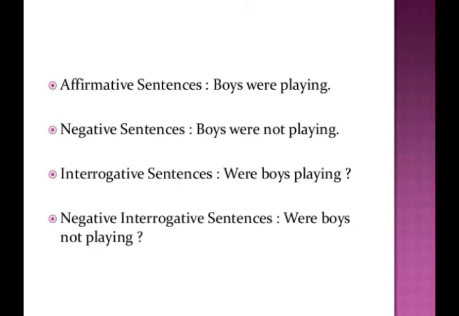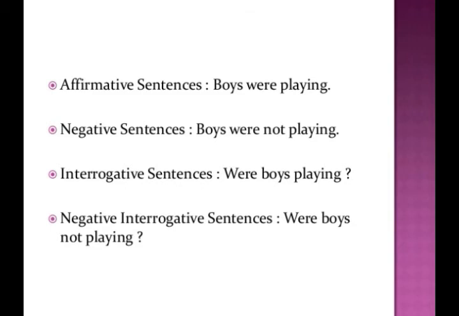It's a negative sentence. While were boys playing? It's an interrogative sentence in which we use the word were for asking question, and it's past continuous tense. And were boys not playing is a negative interrogative sentence.